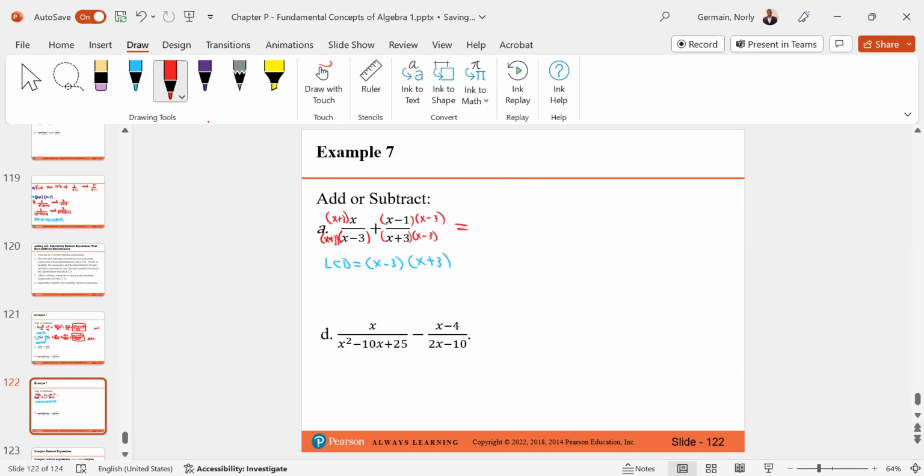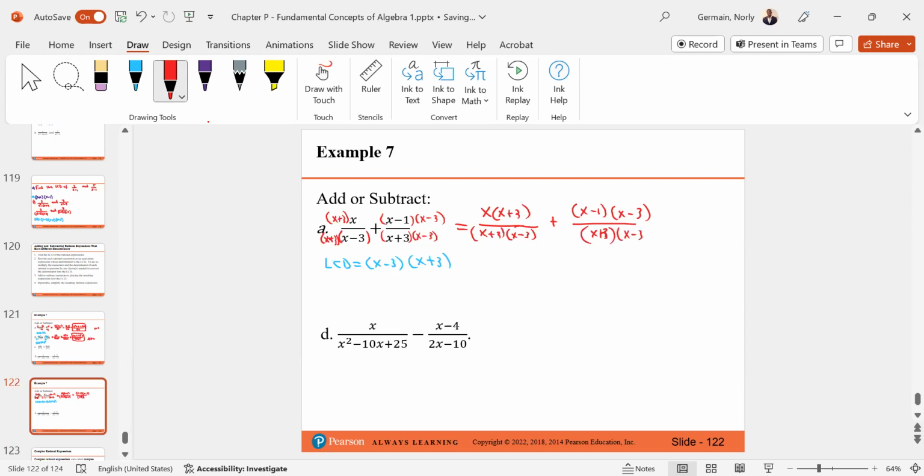Whatever you do with the bottom, you do it with the top. So we have x times x plus 3 over x plus 3 times x minus 3. That's the denominator. Up, we have x minus 1 times x minus 3 over x plus 3 times x minus 3.